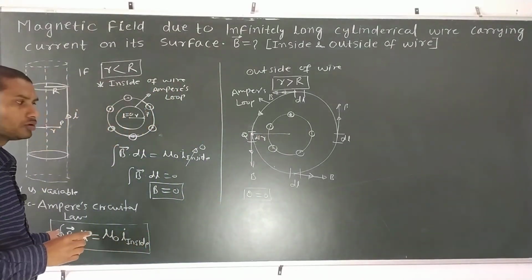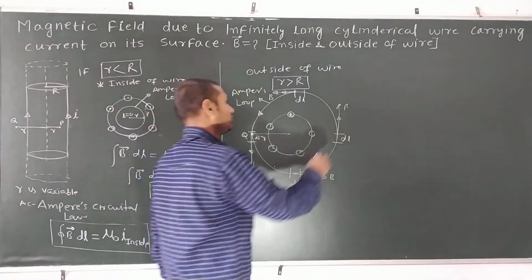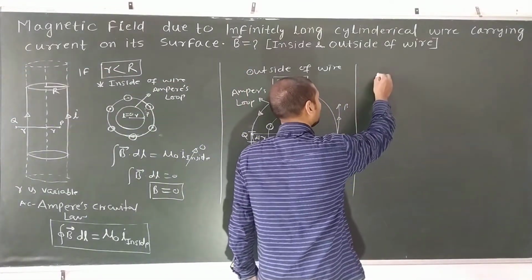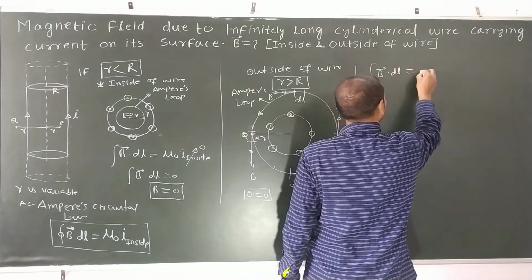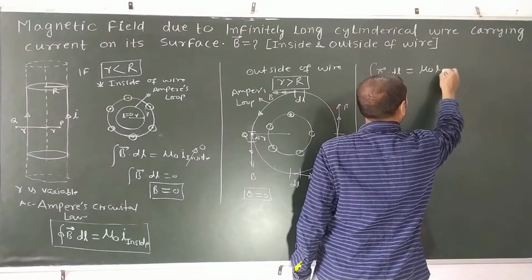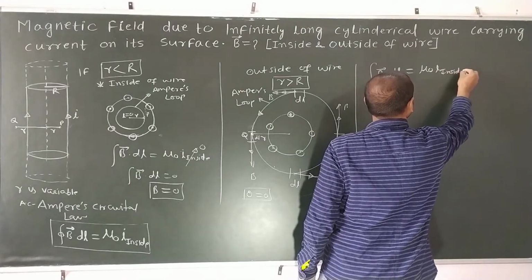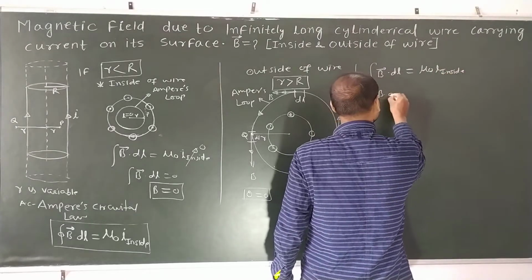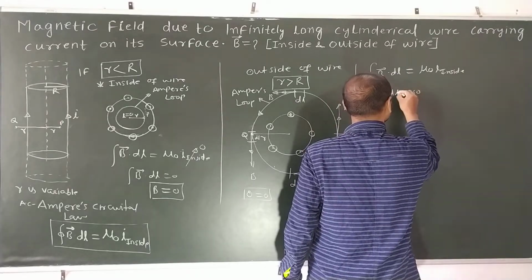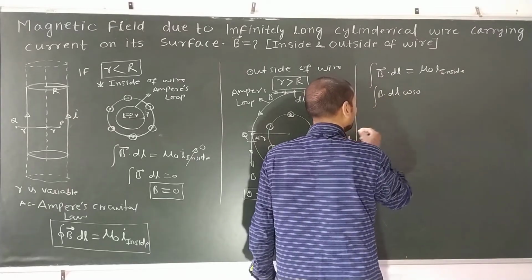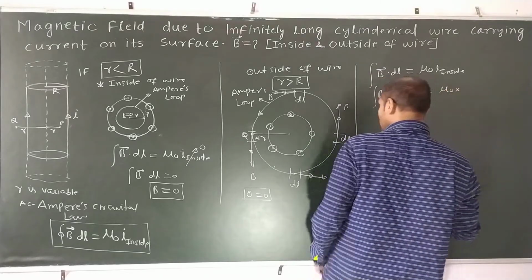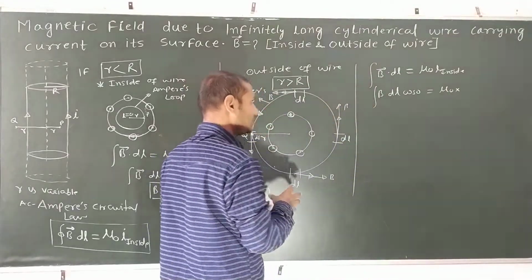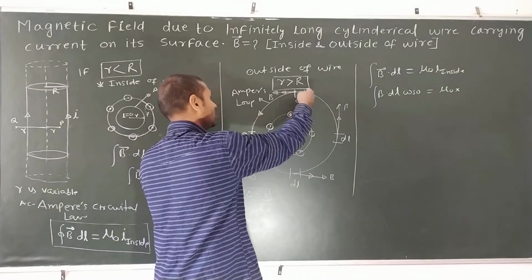After applying Ampere's circuital law, we get the integral of B dot dl equal to mu naught I inside. Here B dl cos 0, because theta is 0, equals mu naught times the current inside the loop.